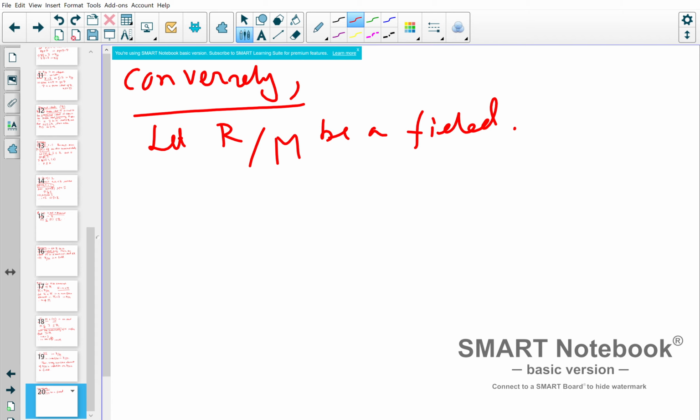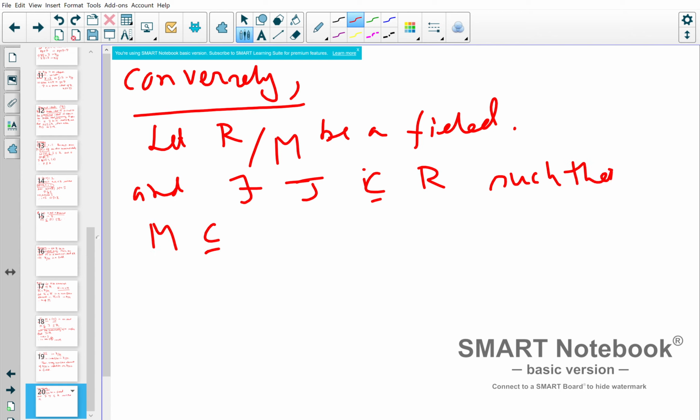I need to prove that M is a maximal ideal. Suppose there exists an ideal J of R such that M is a proper subset of J, which is a subset of R. This is the assumption I am making. Now to prove M is a maximal ideal, I need to prove that J equal to R. This is the thing I need to prove.